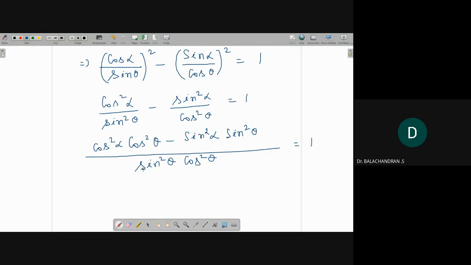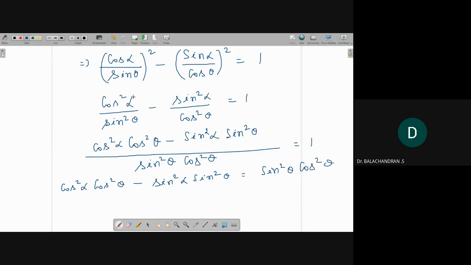Now just cross multiply sin square theta into cos square theta, and you will get cos square alpha into cos square theta minus sin square alpha into sin square theta equal to sin square theta into cos square theta.